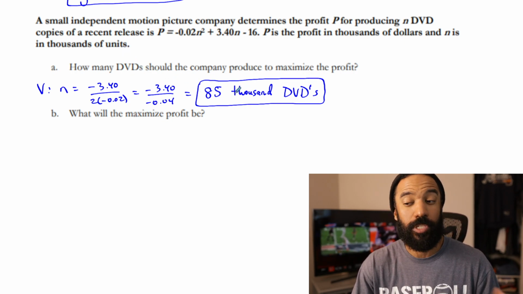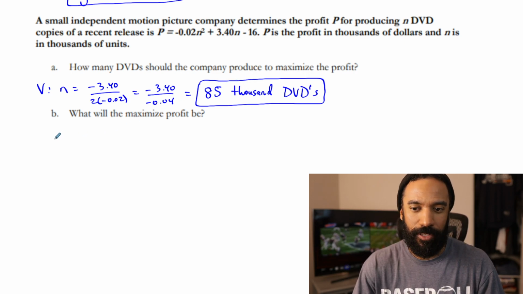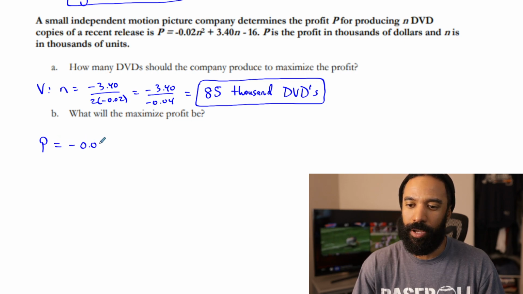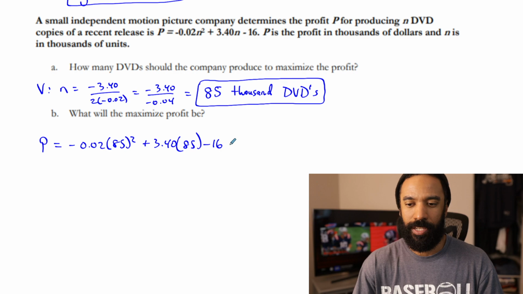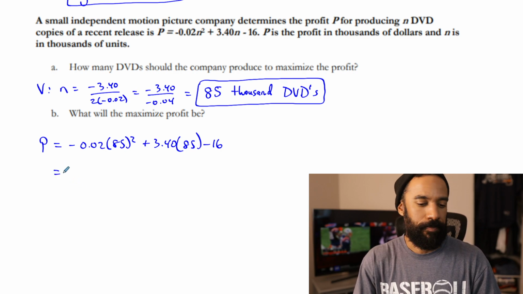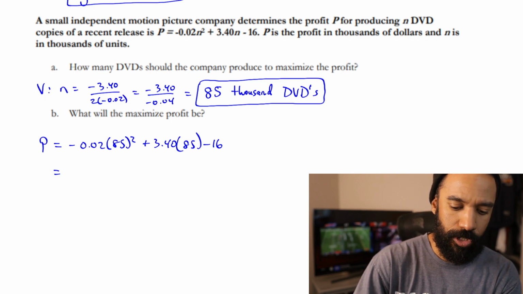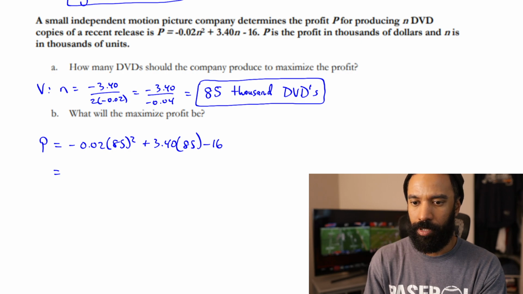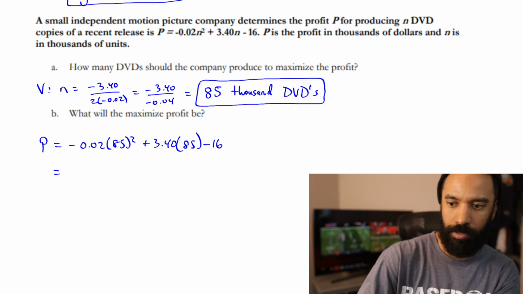Let's substitute 85. Don't substitute 85,000. N is in thousands. So this is where I'm going to have to use a calculator for sure. P of 85. So -0.02 times 85 squared plus 3.40 times 85 minus 16. Let me use a calculator on my computer. So 85 squared and then times 0.02, but it's negative.